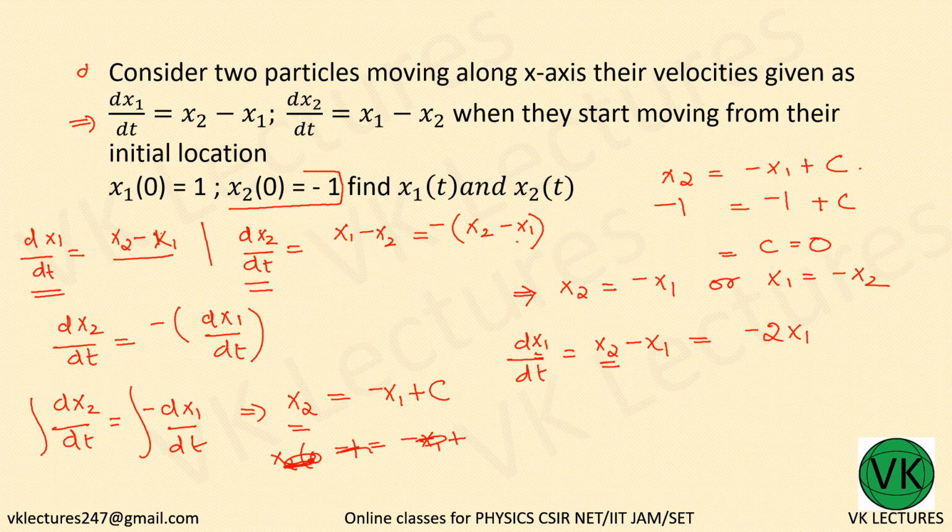So dx1 divided by dt equal to minus 2x1.